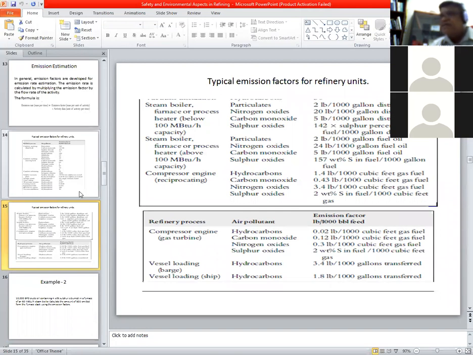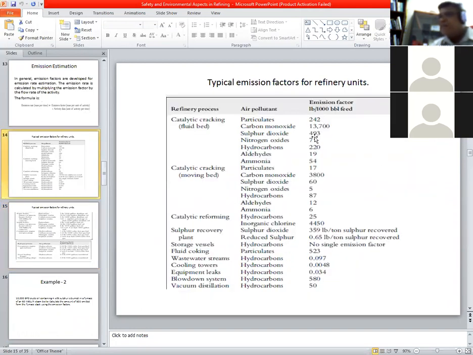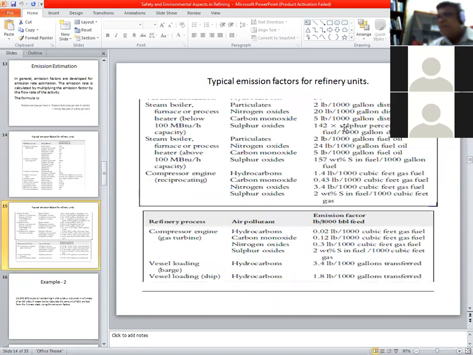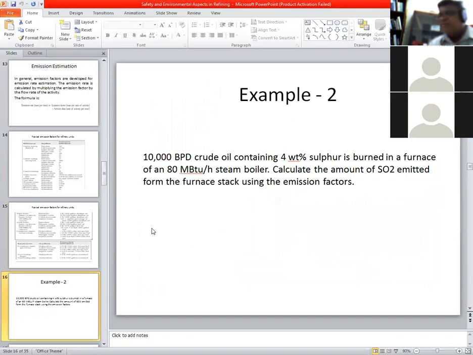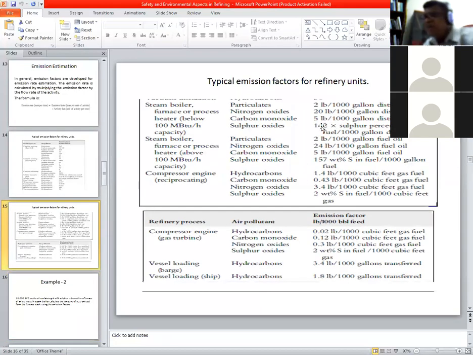See here, initially it is given like that, 71, so it should be pounds per 1000 barrels. So accordingly you use. The formula is very simple, as I told: emission rate equals emission factor times flow rate. Emission factor, you get these values.